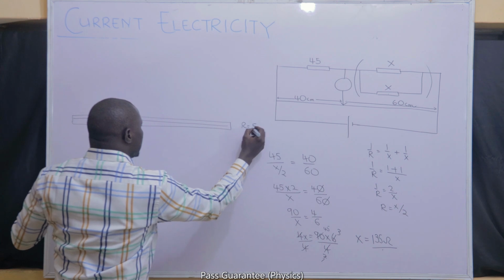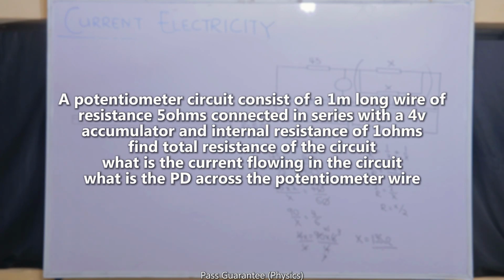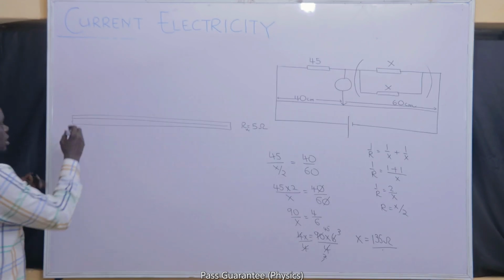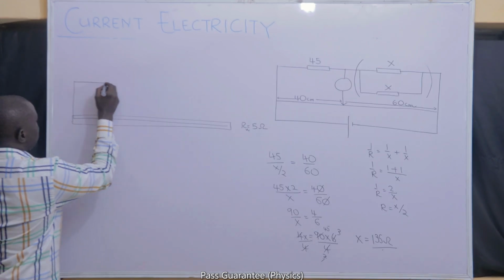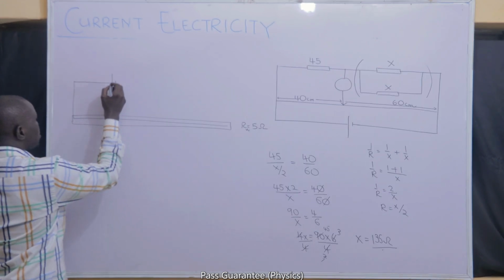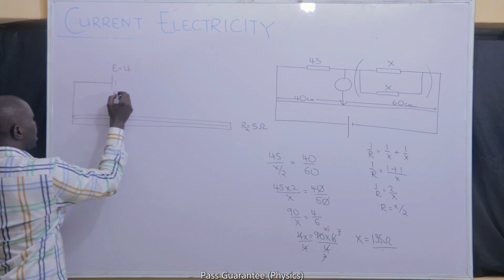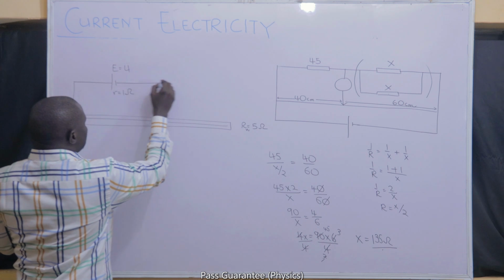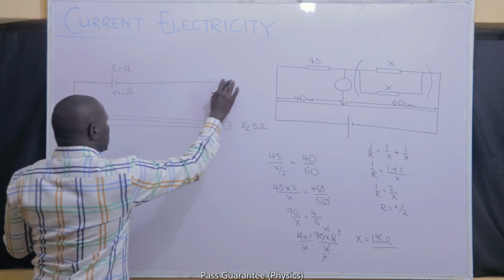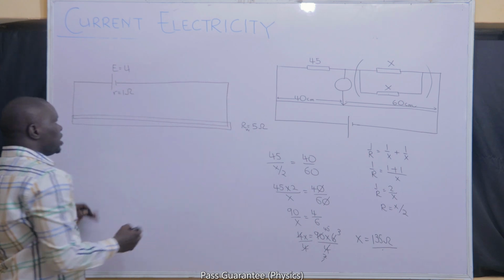The resistance of the wire is 5 ohms. Connected in series with a 4-volt accumulator, an internal resistance of 1. It's connected in series with a 4-volt accumulator. Accumulator is a cell, 4 volts, and it's having internal resistance of 1 ohm. That's about all. The potentiometer circuit is what they have given to us.